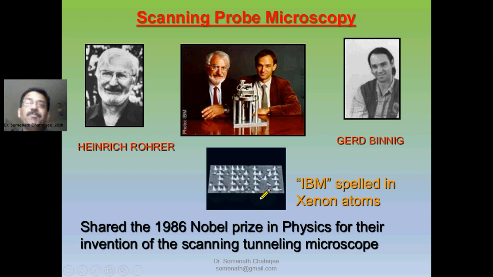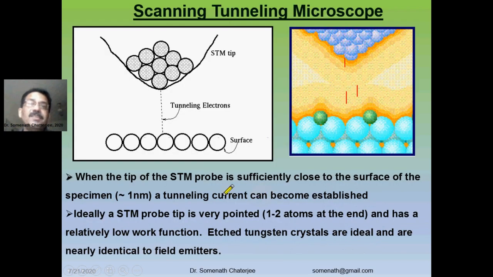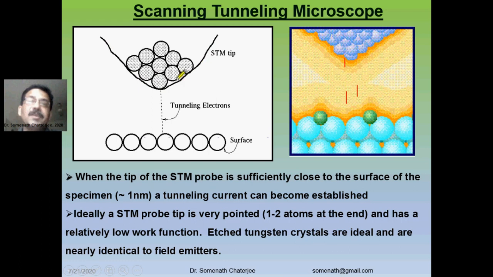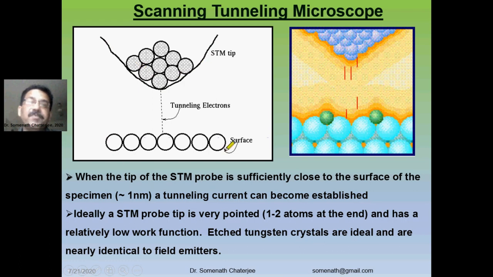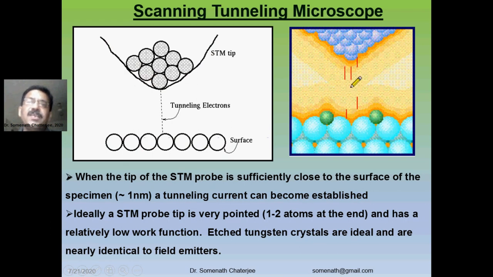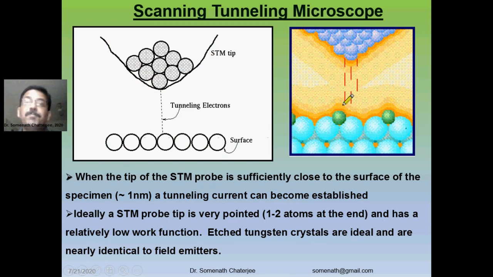And what is scanning probe microscopy? This is one part of the scanning probe microscopy. You can see here, this is the tip, the STM tip, scanning tunneling microscope tip, and this is the surface, meaning our material surface. And what is happening here, you can see a very small current is flowing with a high electric field we are providing.